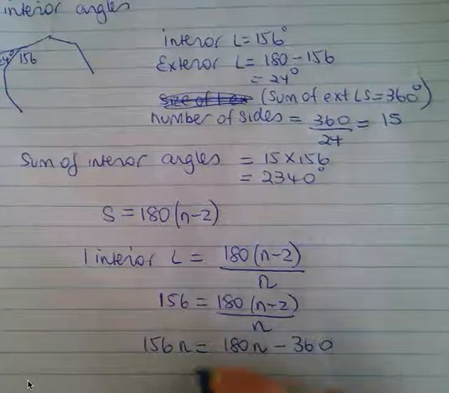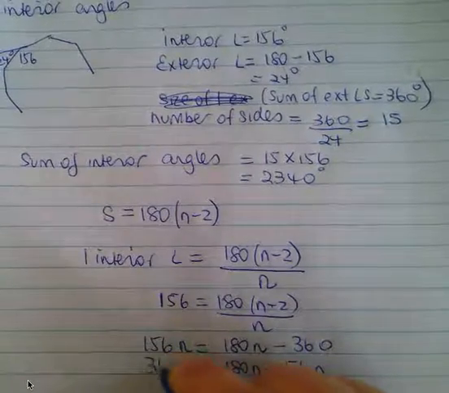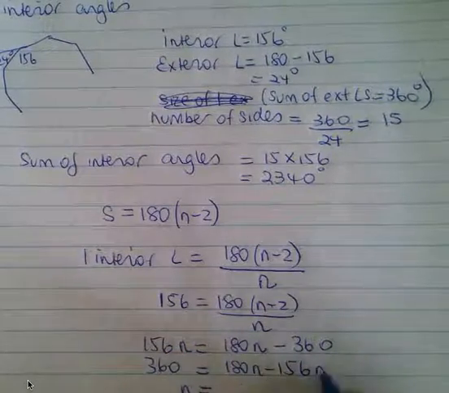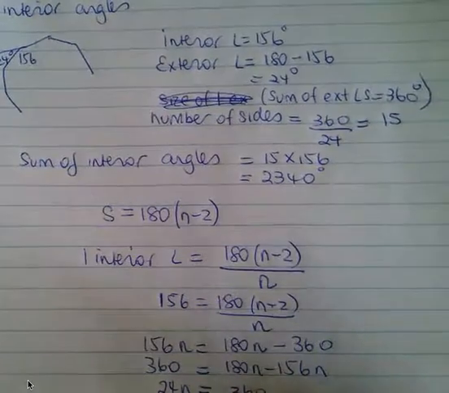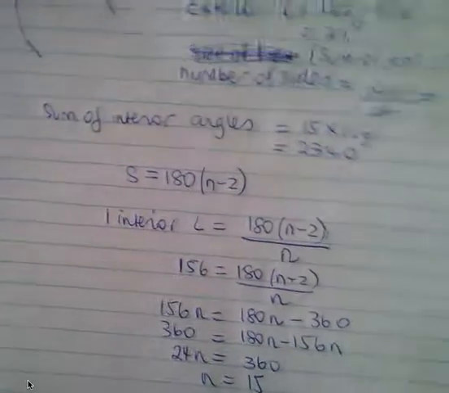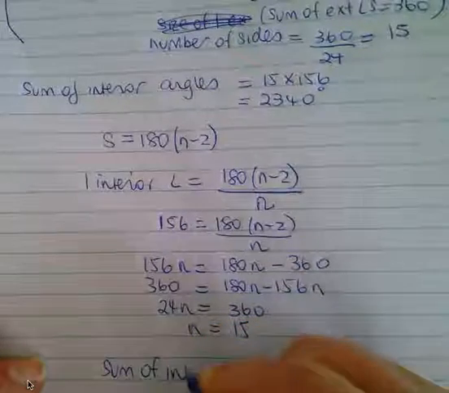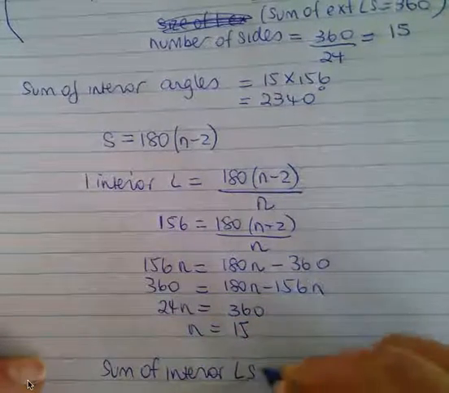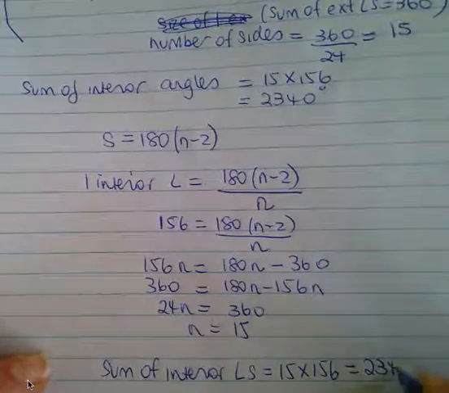So I've got 180n minus 156n is 360. So I've got 24n is 360. n is 15, as we had before. So that's your other way of doing it. So therefore the sum of the interior angles is 15 times 156, which is 2,340.